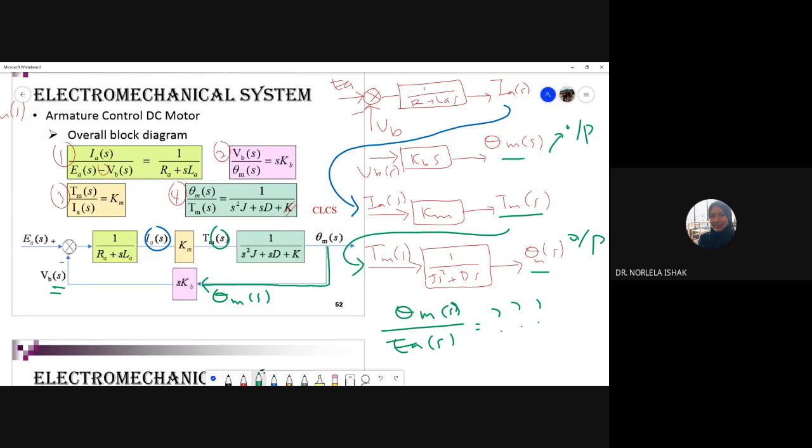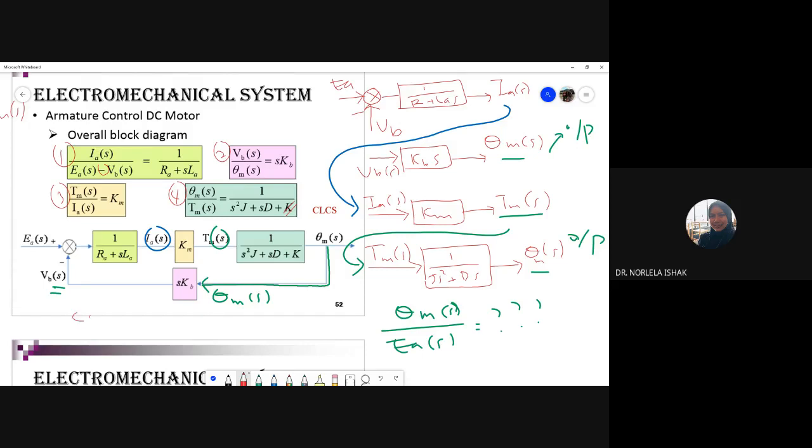What type of transducer can we use here to measure angular theta into voltage? So now this is our overall, or complete, block diagram.